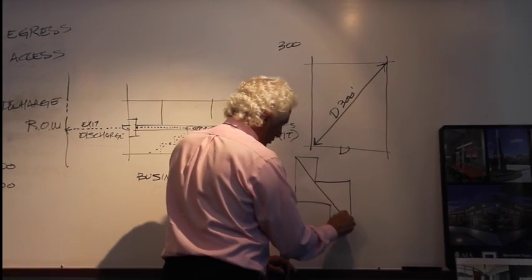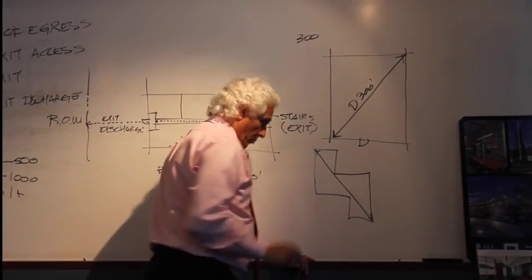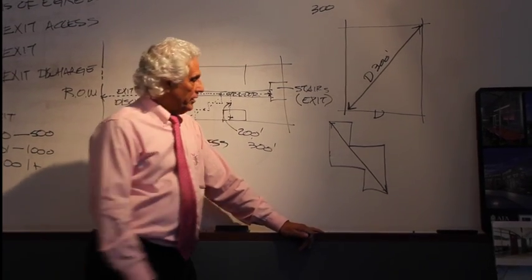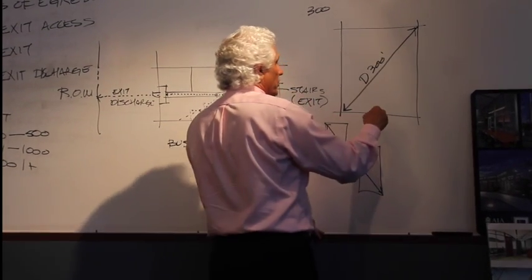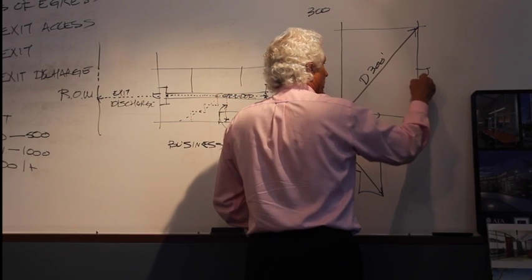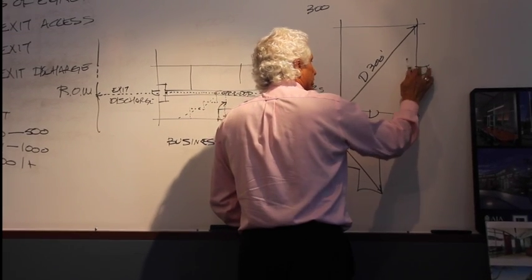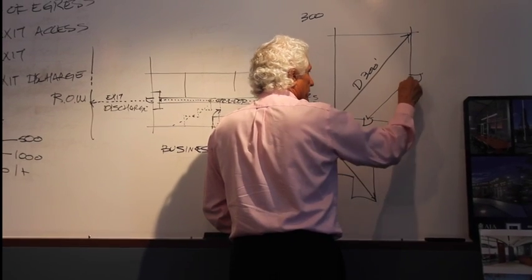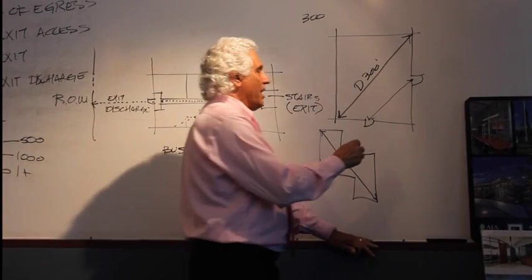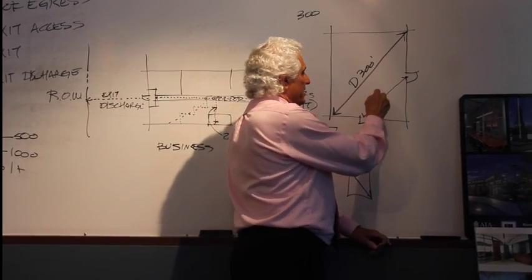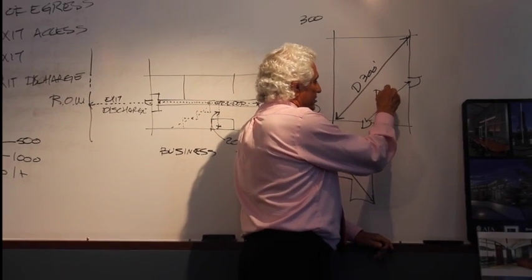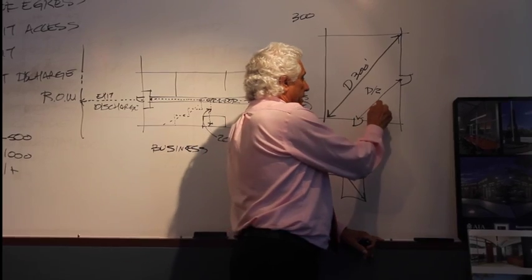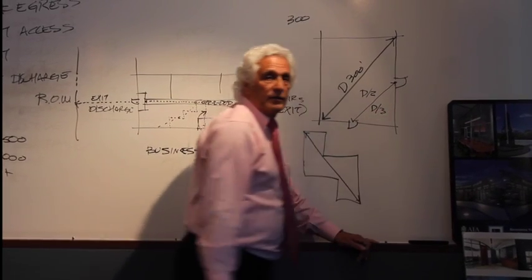What they ask is that you take the diagonal distance from the most remote points of that floor plate and draw a line to it and determine that distance. And then you have another door. And the way the code is written is that from that door, and those doors, meaning the center lines, that distance cannot be any less than, if it's not sprinkled, the distance divided by 2 or half, or if it is sprinkled, the distance divided by 3.